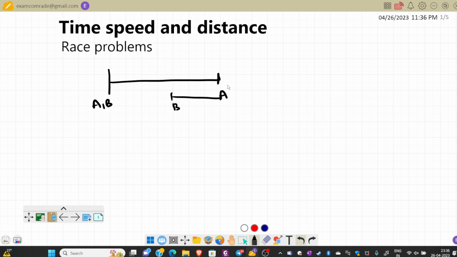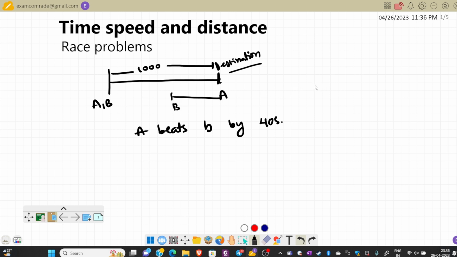After reaching the destination, A will start a stopwatch and count the time. When B reaches, A will note down the time. So this is called A beats B by, for example, 40 seconds. This is 1000 meters.